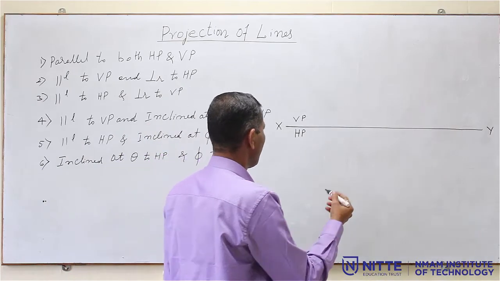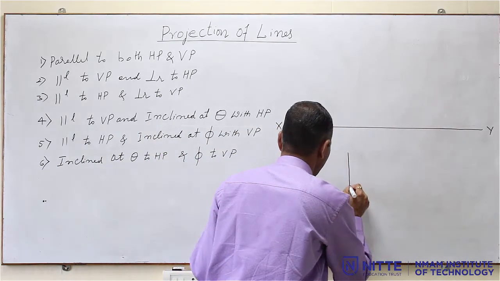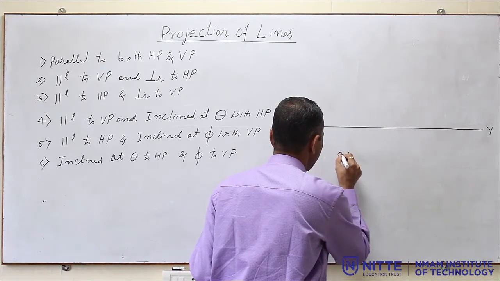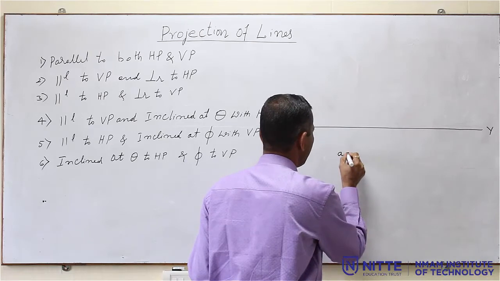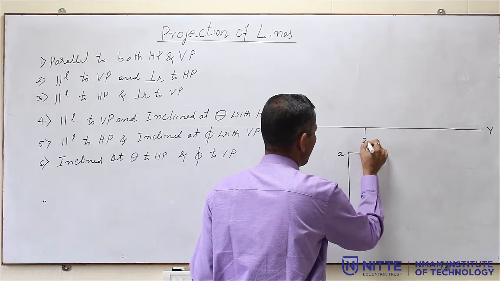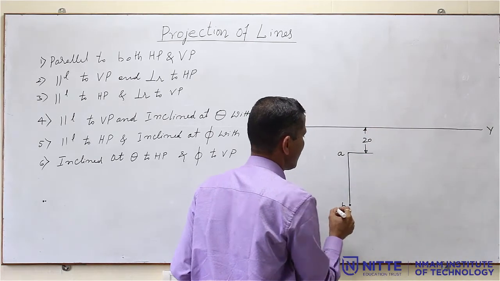So, first I have to draw the top view here. Length is 100 millimeter. Name of this is AB, and this distance will be given in the problem. This is the top view.